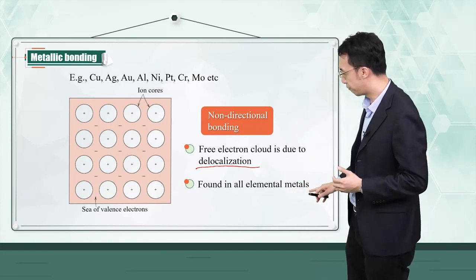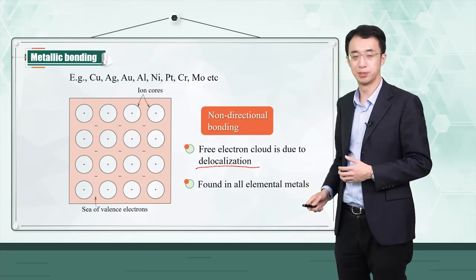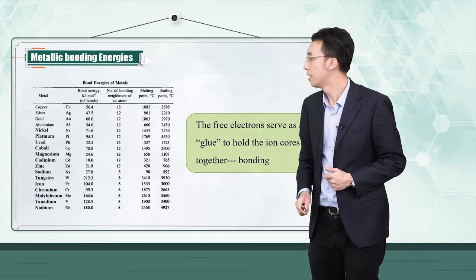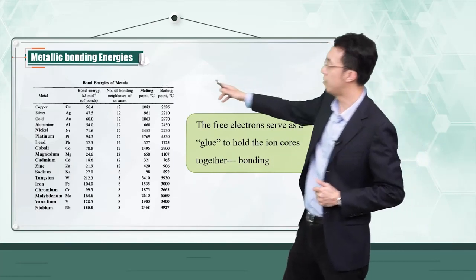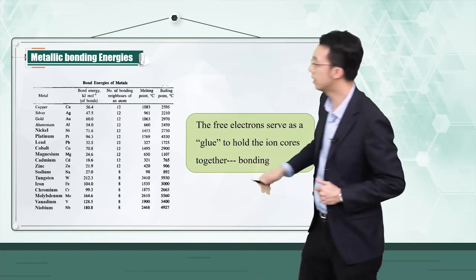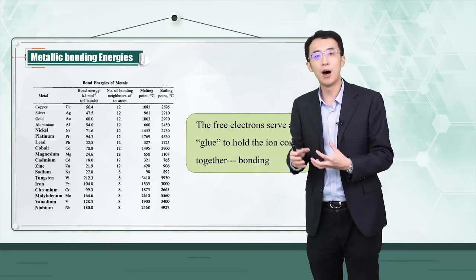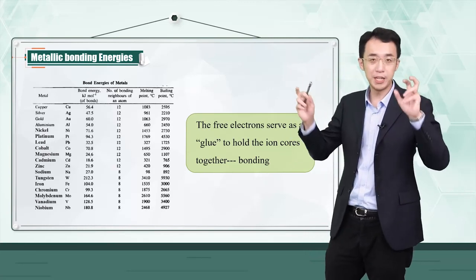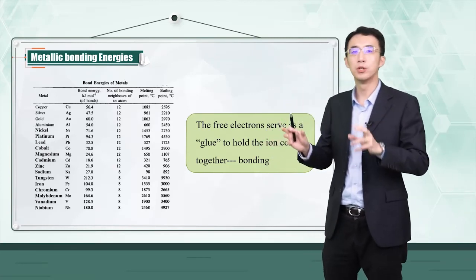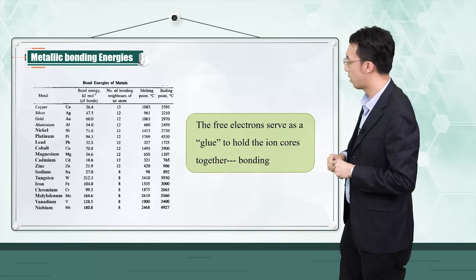And this is actually found in all elemental metals. Okay? And here shows a table showing the bonding energies for metals. And you can see how the so-called free electrons are bonded to your core atoms.